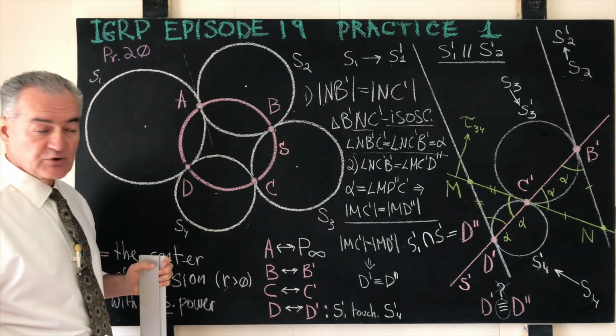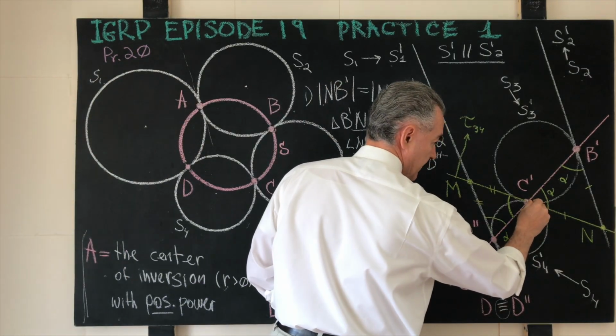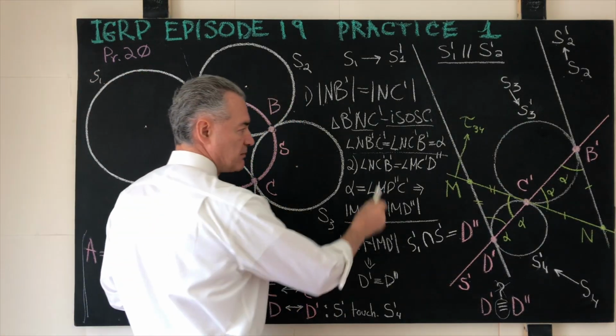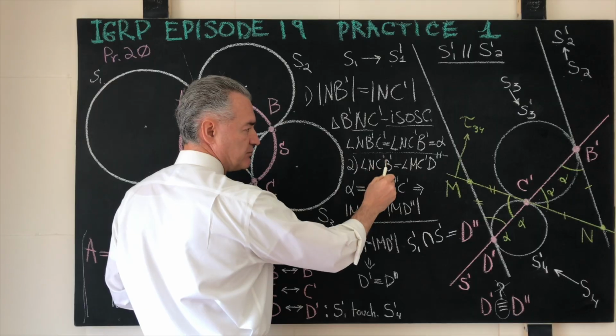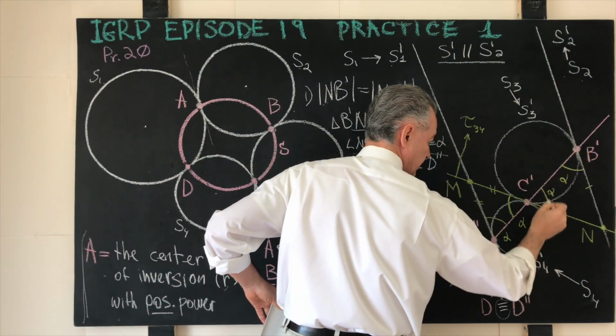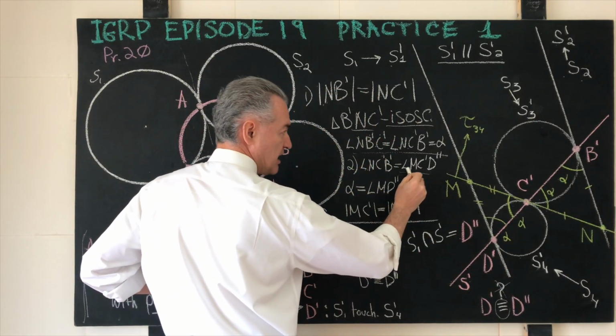And what is the next maneuver? We know that the angles at the vertex C prime are vertical. And that means that the magnitude of the angle NC prime B prime must be equal to the magnitude of the angle M C prime.